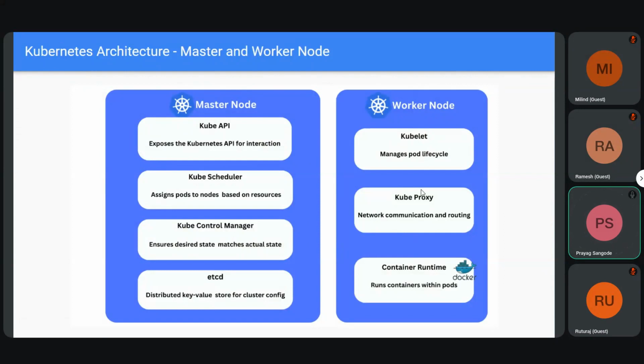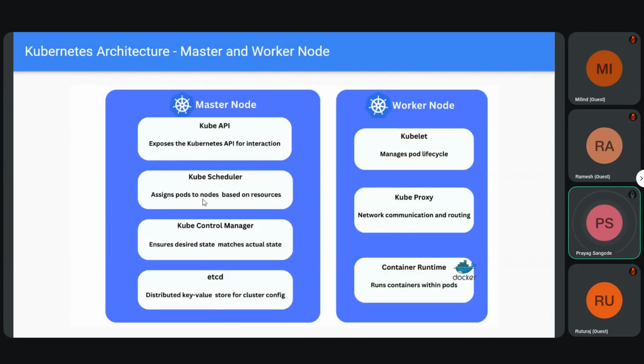I have given a minimal explanation. We interact with Kubernetes using kube API. Whenever we run some commands, it will first interact with the kube API, which exposes the Kubernetes API for interaction. Then kube scheduler assigns the pods to the nodes based on resources.